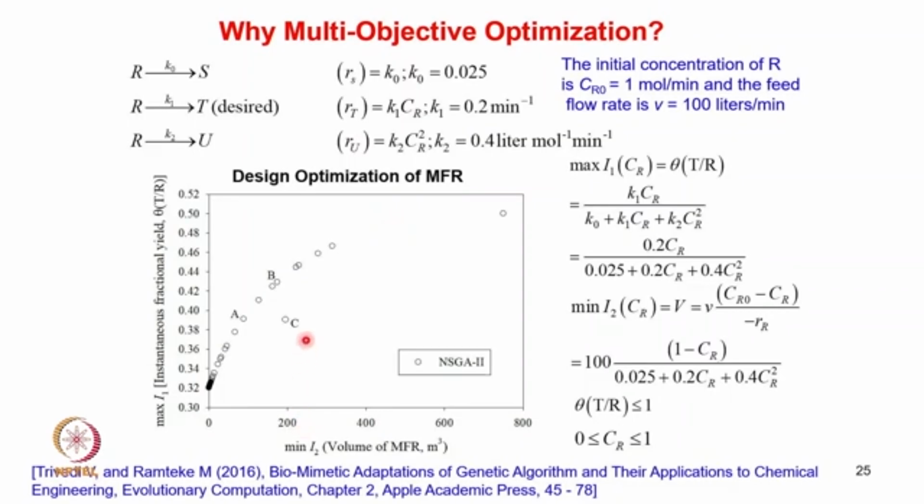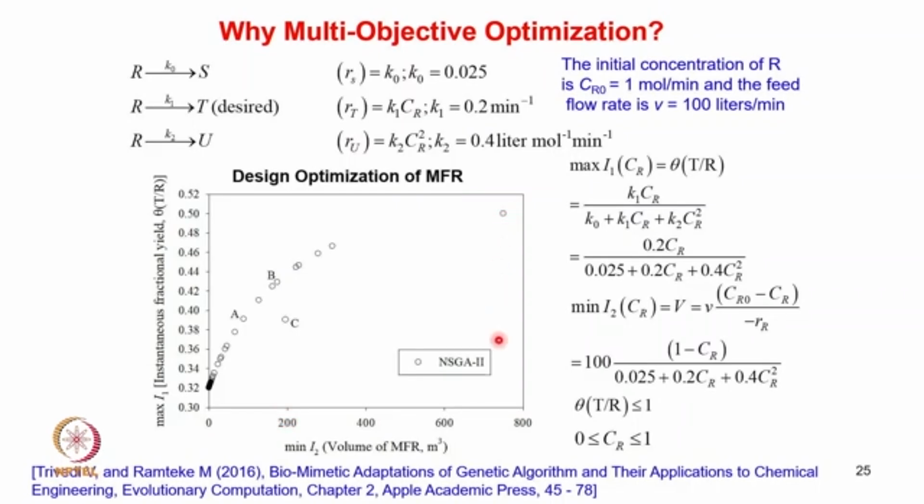Based on the design requirement, I can select one of the operating solutions out of all these equally good solutions, isn't it? So I may use this particular point at which I am getting a reasonably high fractional yield with around 200 meter cube of volume.